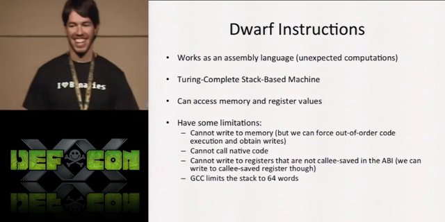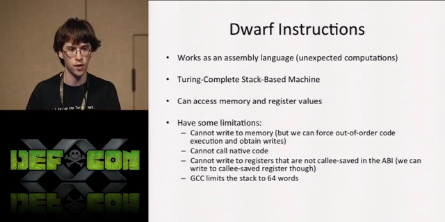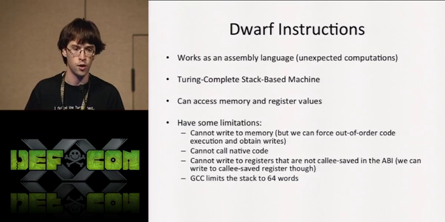We can't call native code directly. This isn't a big limitation in terms of computation, because we can do whatever computation we like ourselves, but it does mean that we can't call functions with side effects, as well as not being able to write to memory directly ourselves. And our big giant table does not actually have a column for every register. It only has a column for the registers which are callee saved.